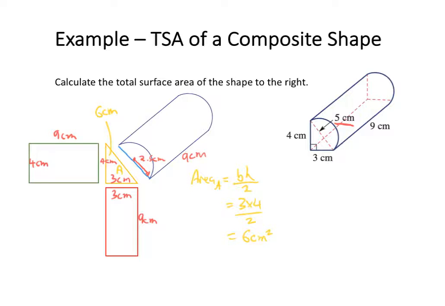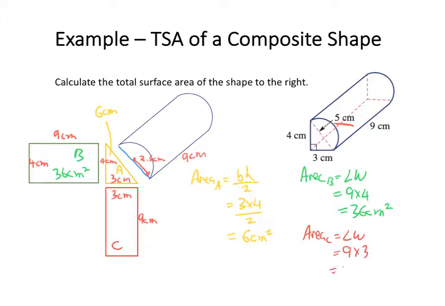Next I'm going to move on to my rectangle, which I'll label B. Area of B is equal to length times width, which is 9 times 4, which is 36 centimeters squared. Again, adding that to my diagram. And my second rectangle, which I'll label C. Area of C is going to be length times width. This time it's 9 times 3, which is equal to 27 centimeters squared.